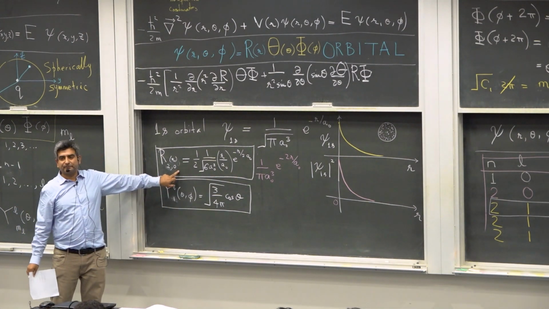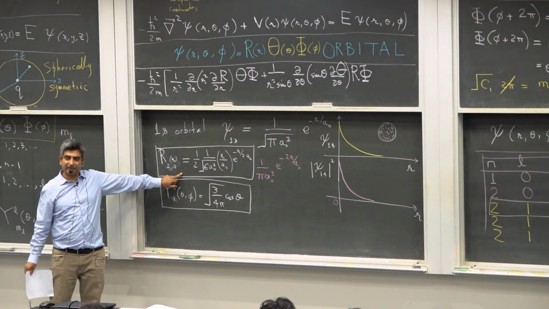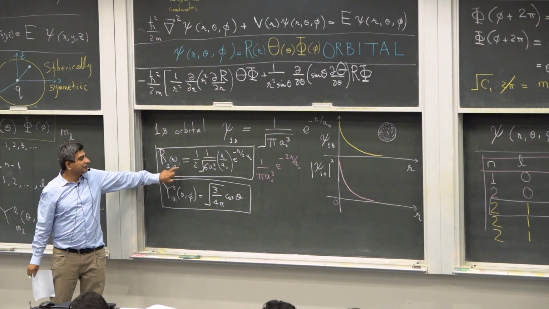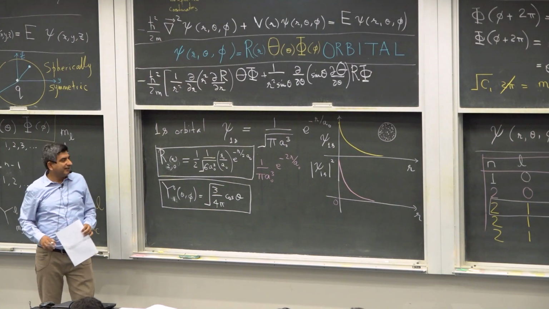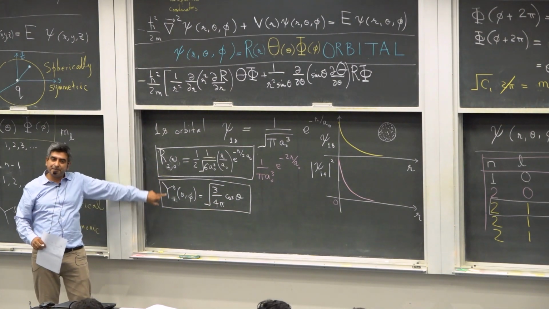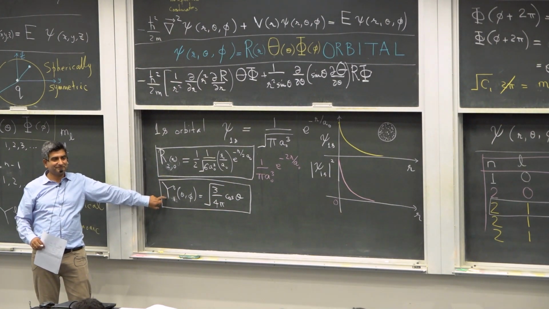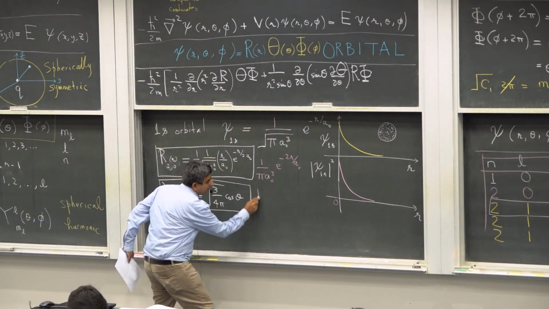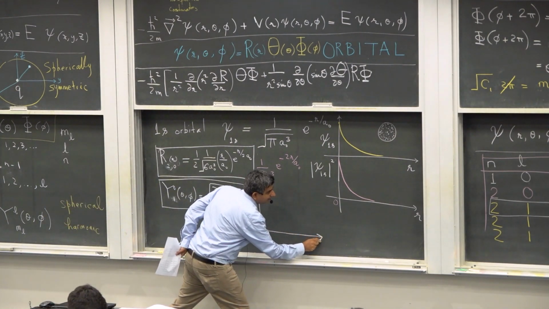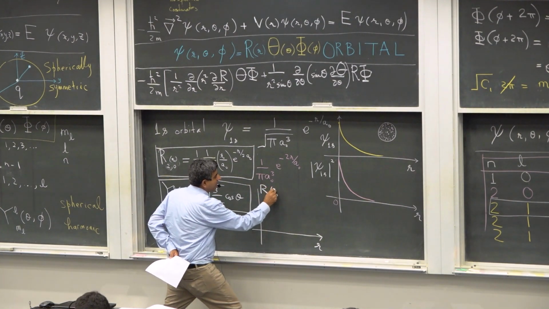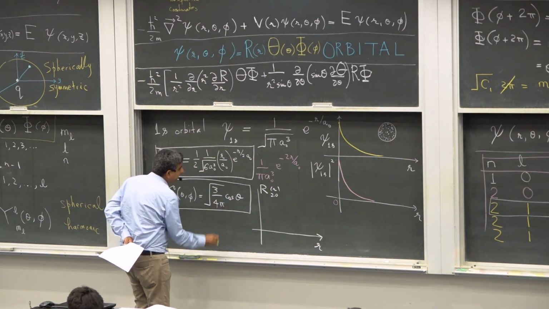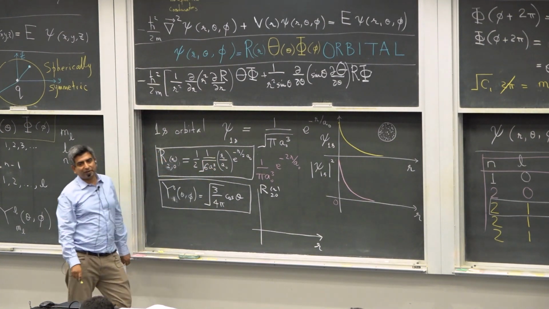Now I can plot this. Alright, so if I were to plot this, let me plot the r separately. If I were to plot the R 2 0, what is a plot of this object going to look like?